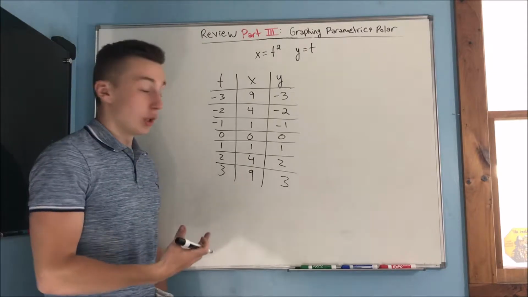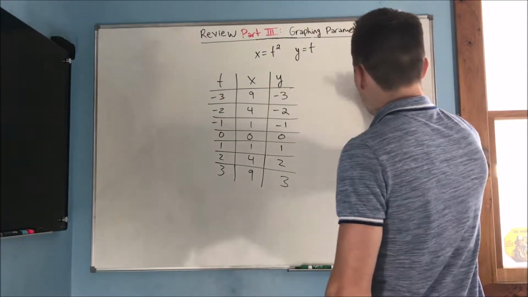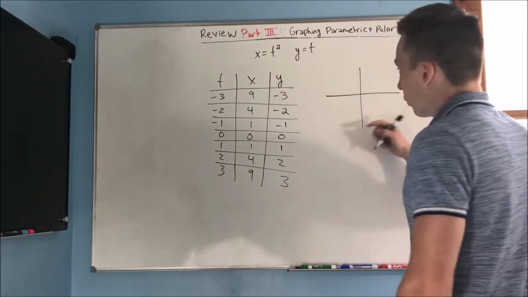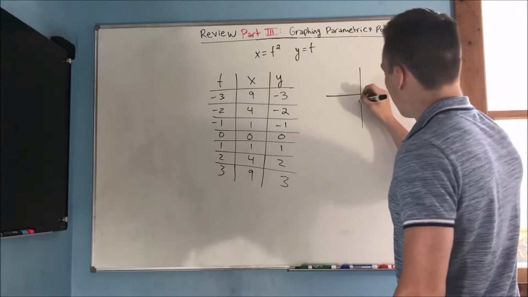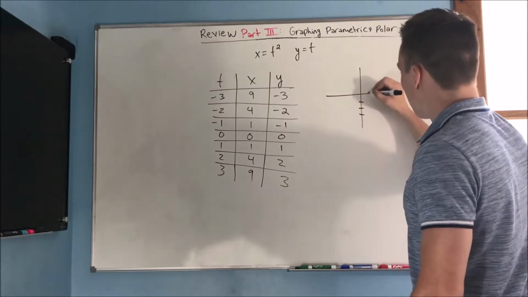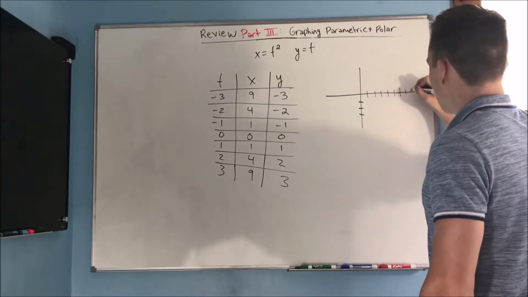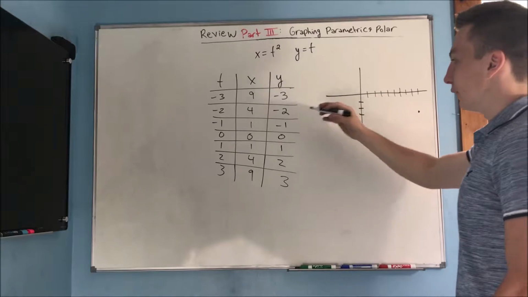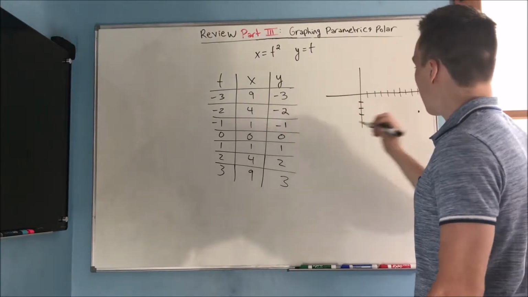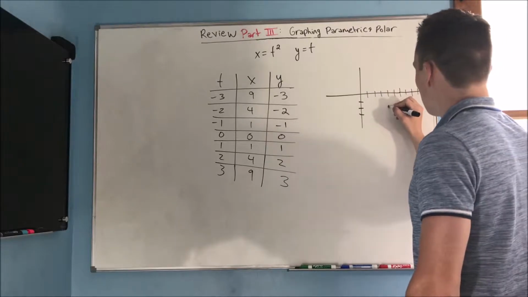So you kind of already start to see what we're going to get here. Let's start plotting. We have a y of -3 and an x of 9. So 1, 2, 3, 4, 5, 6, 7, 8, 9. And then we have a -2. Well, we have a 4 comma -2. 1, 2, 3, 4, down 2.